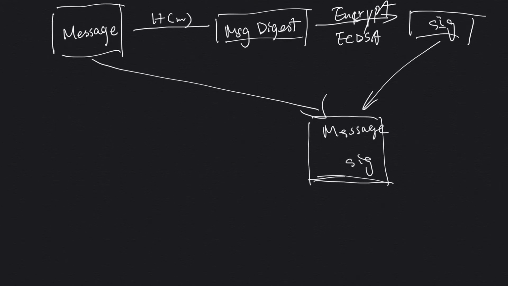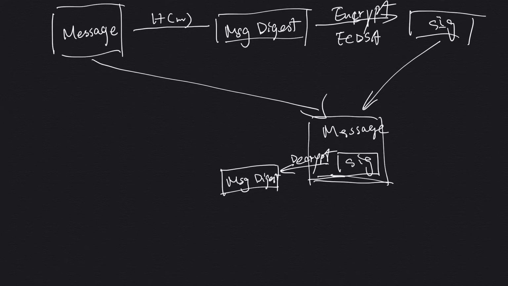Once the receiver gets this, the first thing the receiver does is use your public key, because you used your private key to encrypt the digest, so they use your public key to do the decryption. They decrypt, and get a message digest.